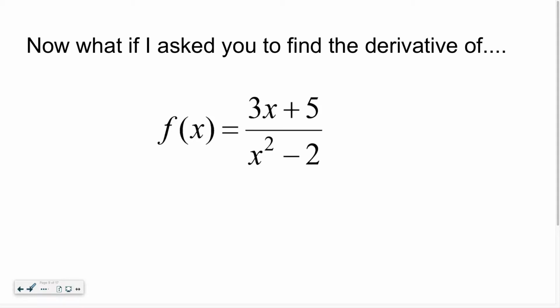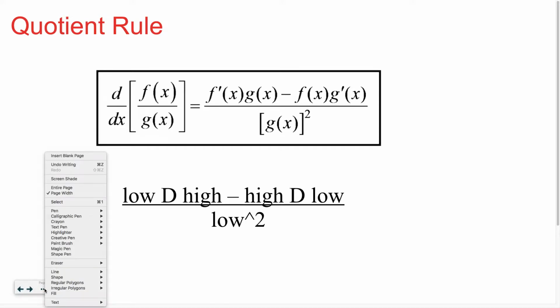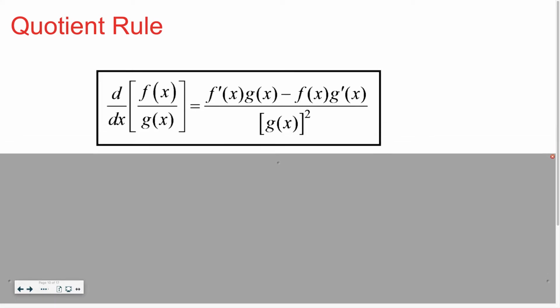Also, something like this. Is the power rule going to help us here? No, but the quotient rule will. Would you like to know the quotient rule? Just drop your pencils real quick.